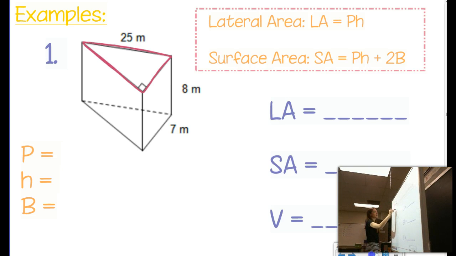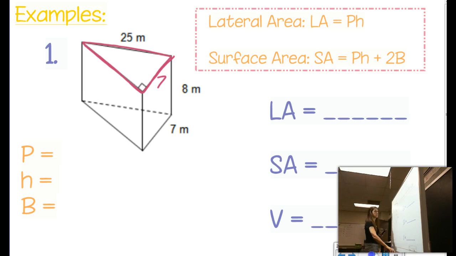Just find P. So everyone in their calculator right now should be doing 25 squared minus 7 squared, because I don't know all the sides of that triangle. Do you know all the sides of that triangle? Then find it by doing Pythagorean theorem.